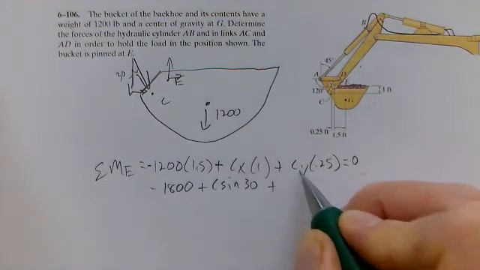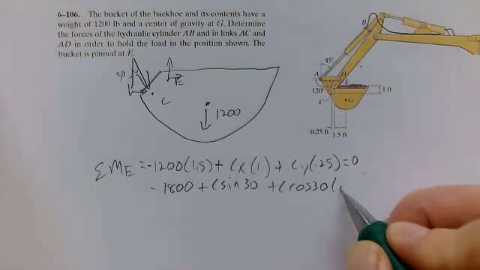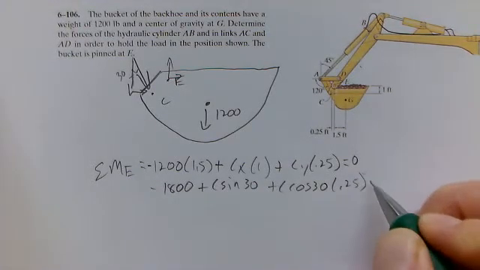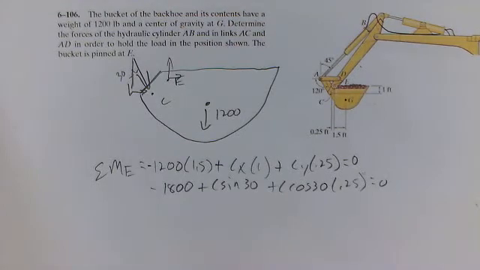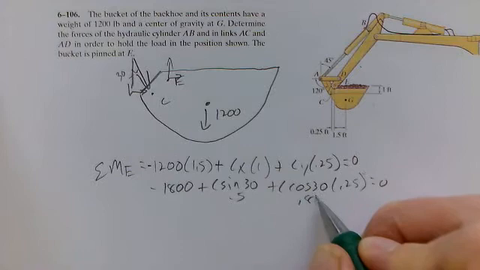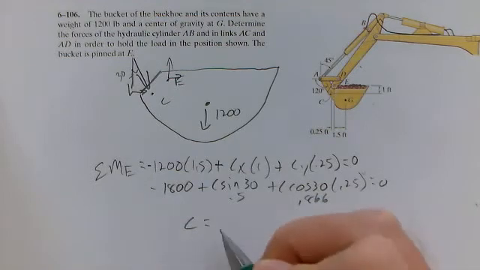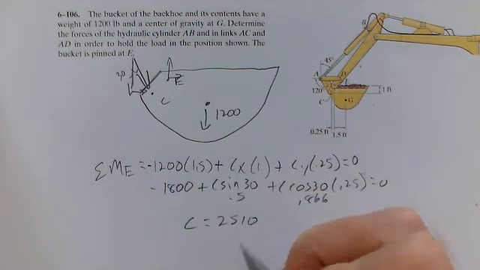so that disappears, plus CY is going to be C cosine 30 times 0.25 equals 0. The cosine of 30 equals 0.5, the sine of 30 equals 0.866, and so C is equal to 2510.